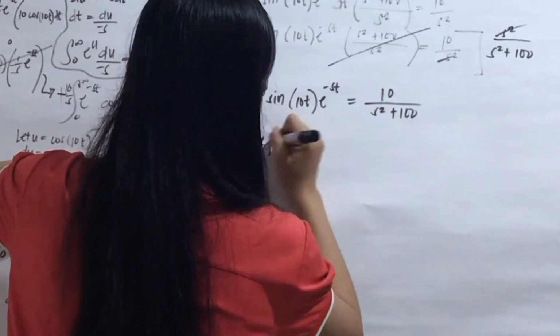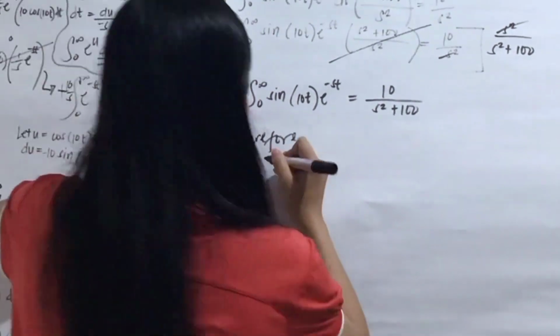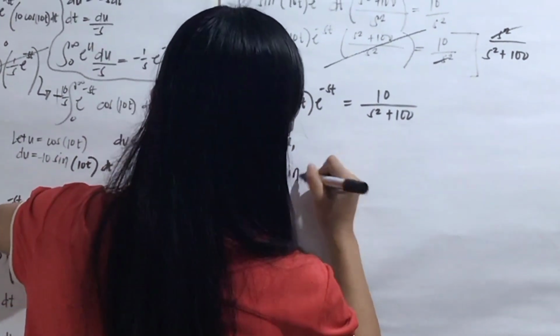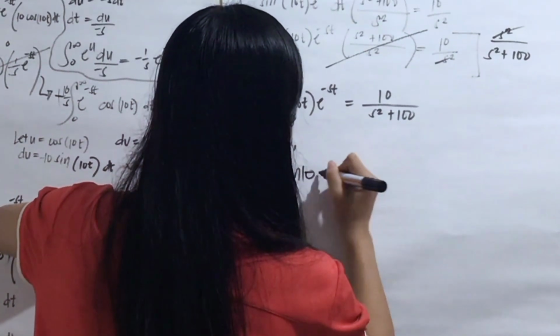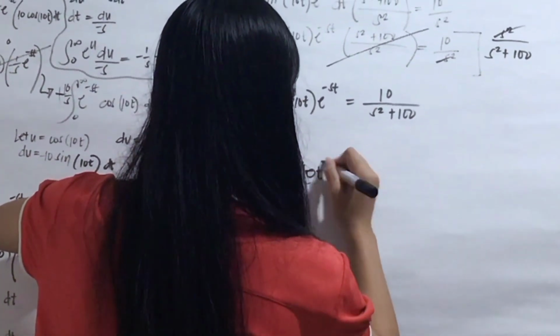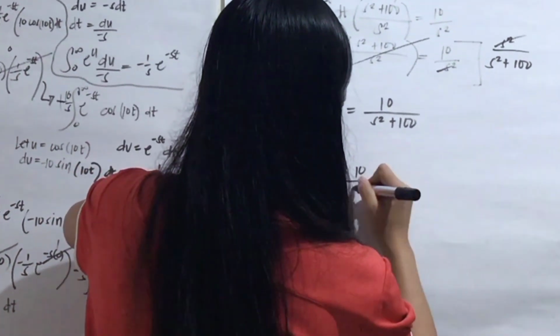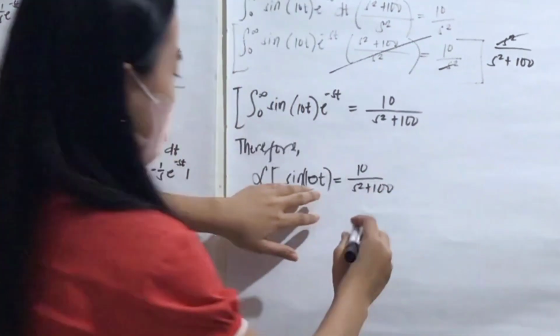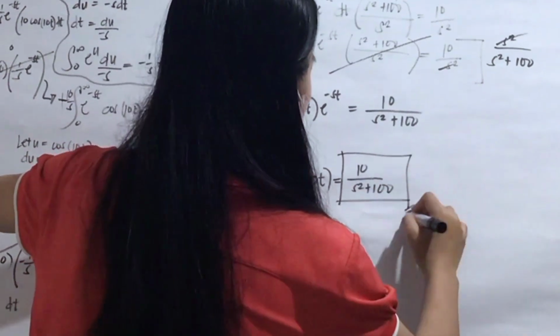Therefore, the Laplace transform of sine 10t is equal to 10 over s squared plus 100. And this is our final answer.